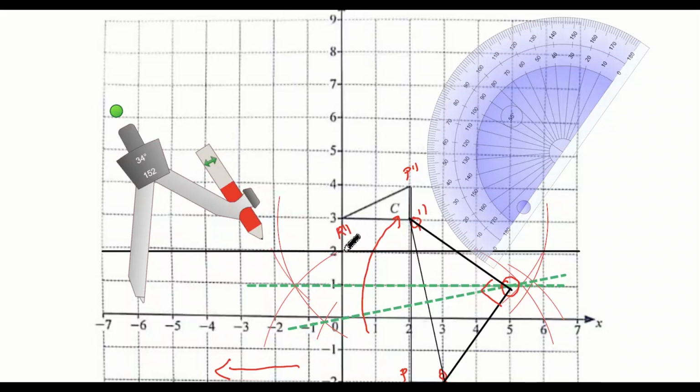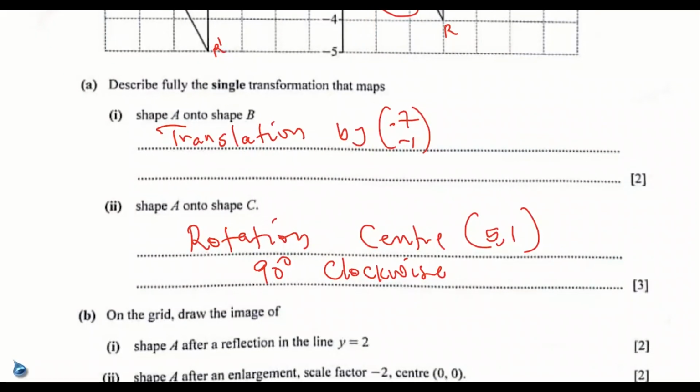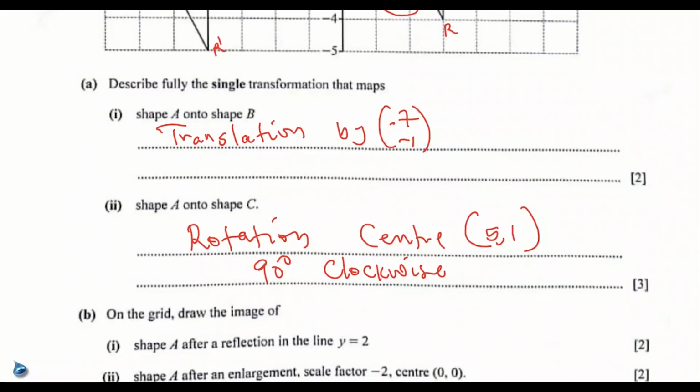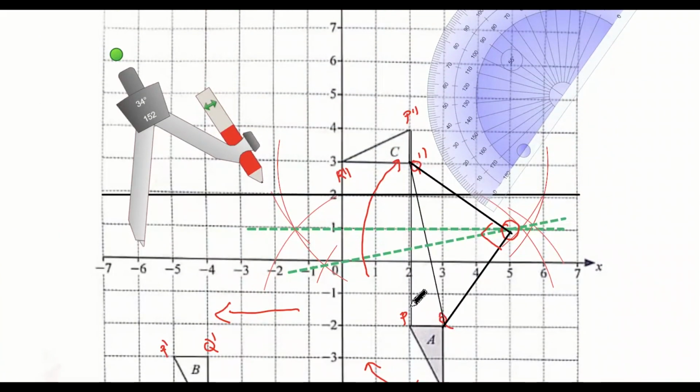Okay, so this is y equals 2, so we need to reflect shape A on that mirror line. This is shape A, you have it here. So let's count from point P to the line.